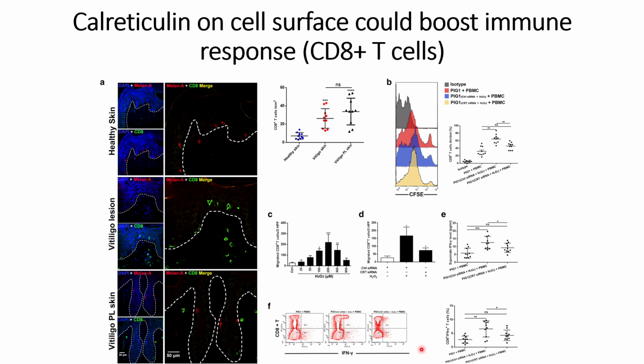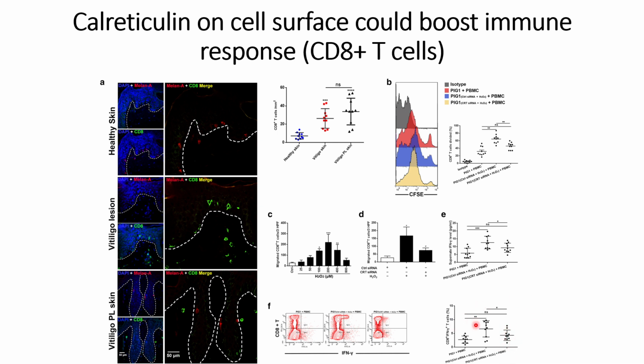And when they quantified these results, it is clear that control siRNA with oxidative stress has high CD8+ IFN gamma positive T cells compared to the other case, where they use CRT siRNA in oxidative stress.